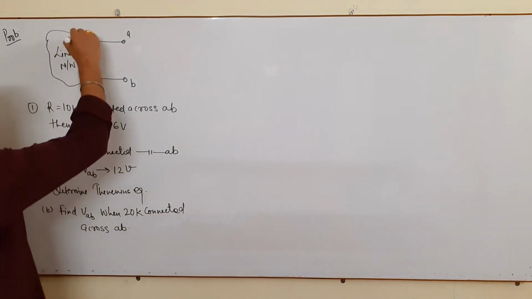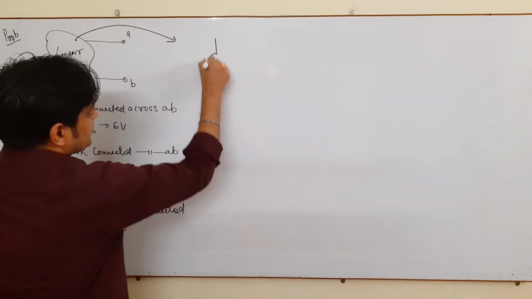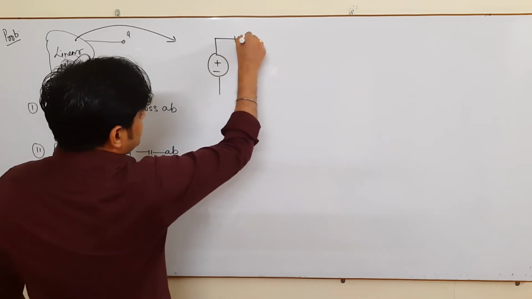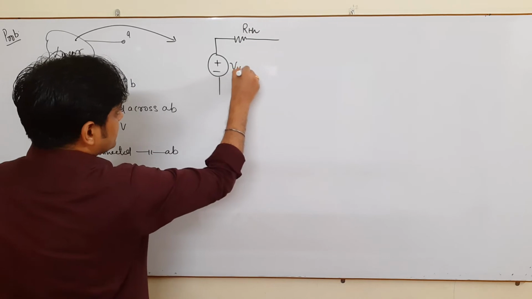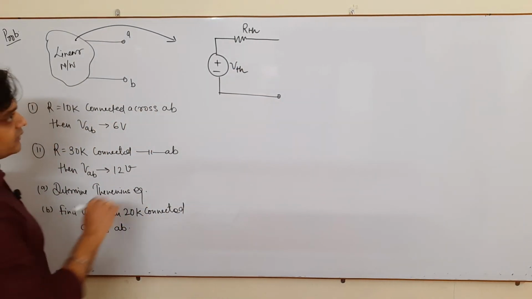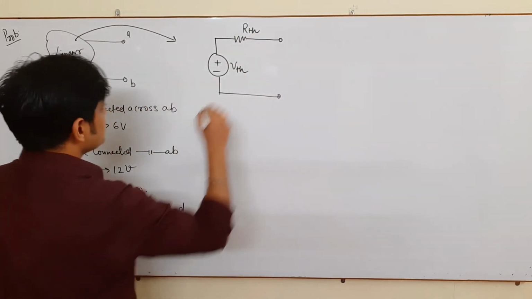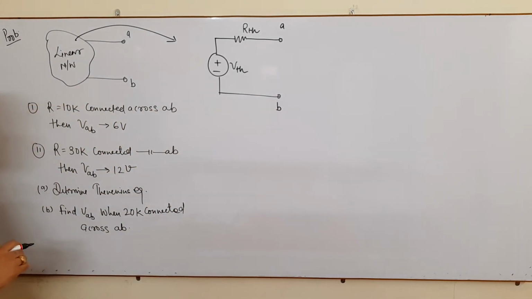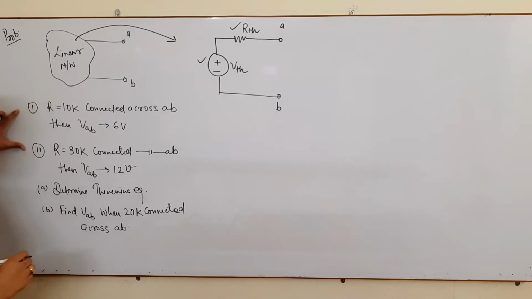Okay, so here this linear network I will consider as a network consisting of resistance RTH and some voltage VTH. Since it is given that you have to determine the Thevenin's equivalent, this is your open circuit voltage and this is your Thevenin's resistance, and this is your terminal AB. Okay, so basically you have to find the value of VTH and RTH with these as conditions.